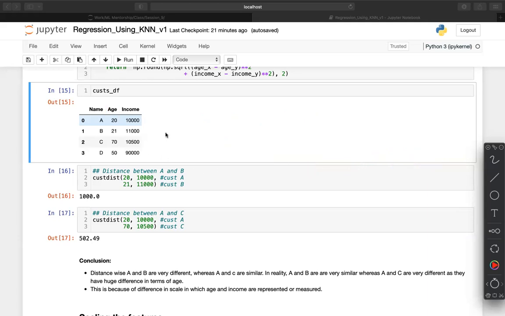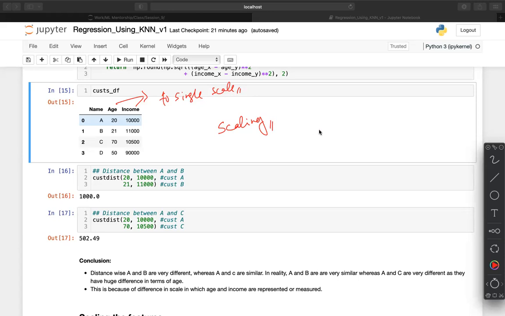So this is one of the problems in distance calculation, which has to be resolved by using a technique called scaling. That means even before calculating the distance, all features have to be brought to one single scale. Right? Only then would the distance calculation make sense.